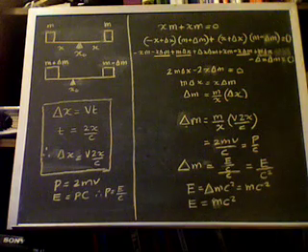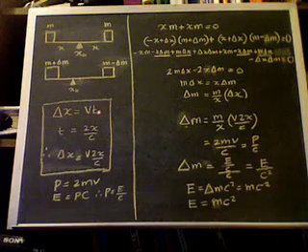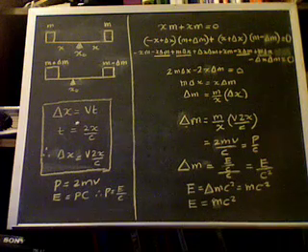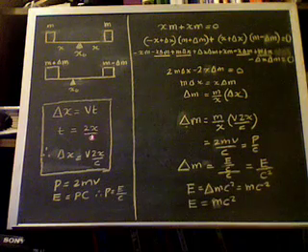Now let's move our attention to this side. We know that dx is equal to velocity into time, and we also know that t is equal to 2x divided by the speed of light c.